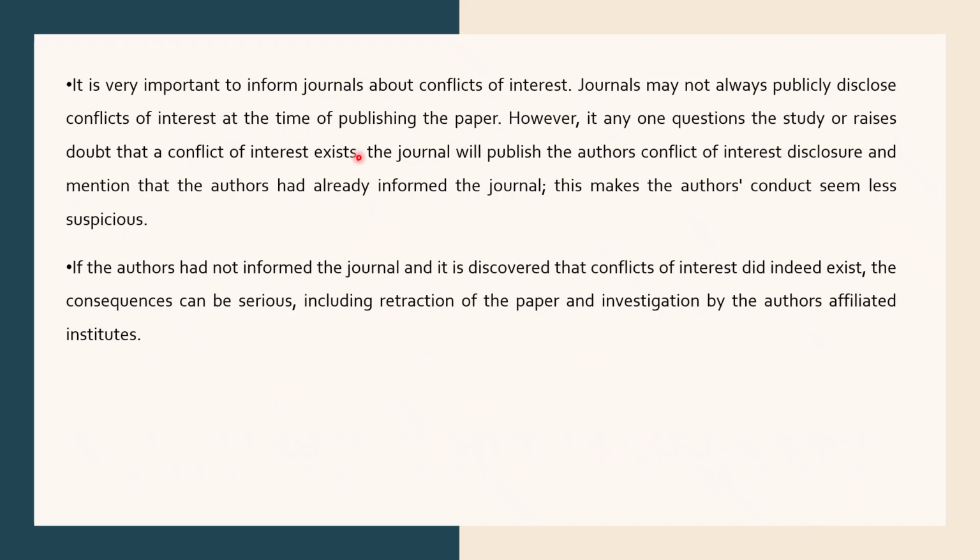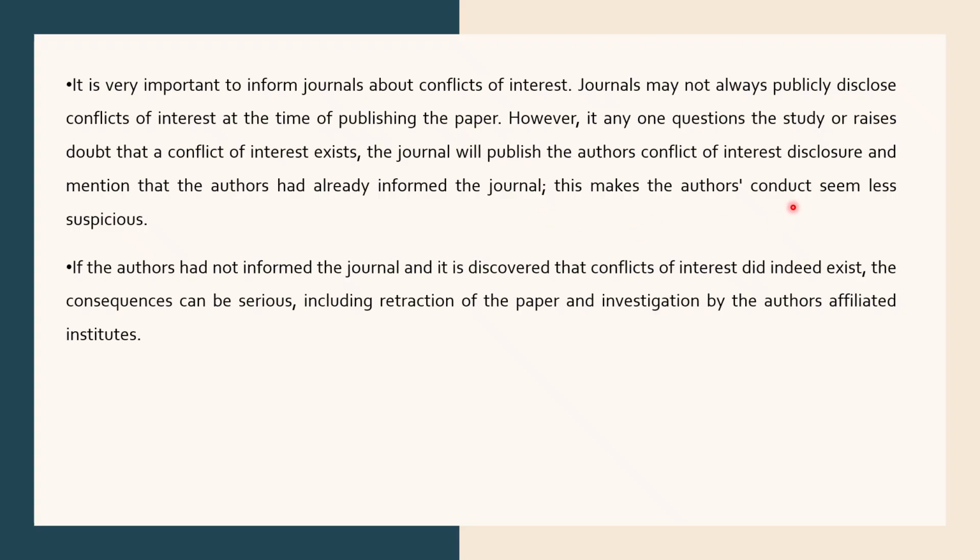It is very important to inform journals about conflicts of interest. Journals may not always publicly disclose conflicts of interest at the time of publishing the paper. However, if anyone questions the study or raises doubt that a conflict of interest exists, the journal will publish the author's conflicts of interest disclosure and mention that the author has already informed the journal.